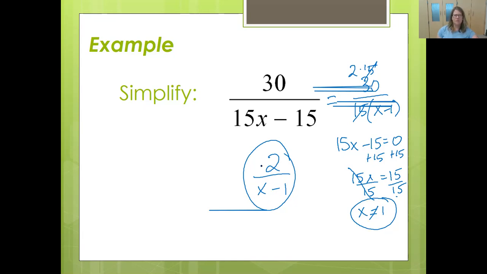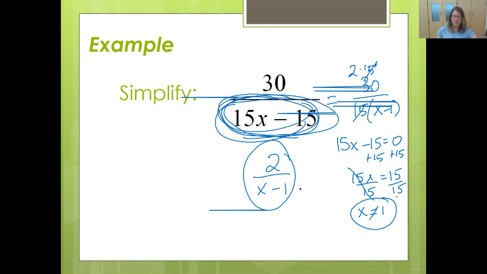The reason I'm using the original on all these examples is just in case something canceled out. If any part of the x cancels out, then we need to use the original instead. But if none of the x's disappeared, then it's okay to use the simplified one to find your excluded value.